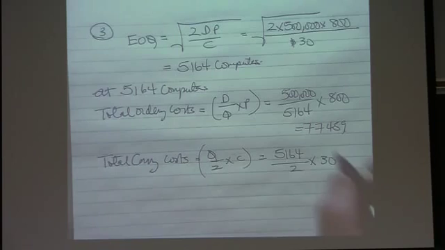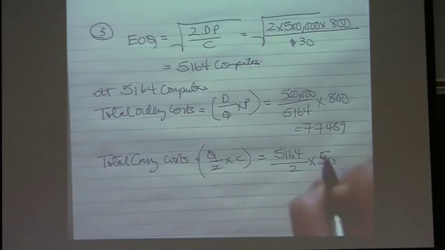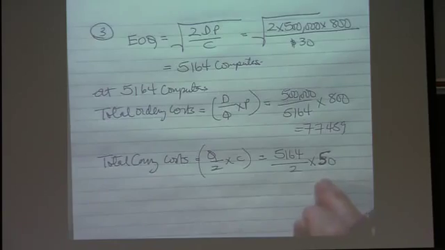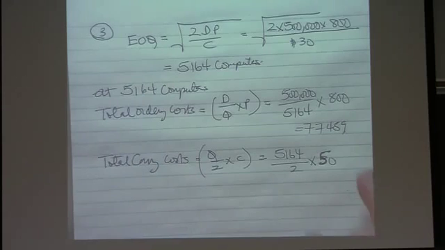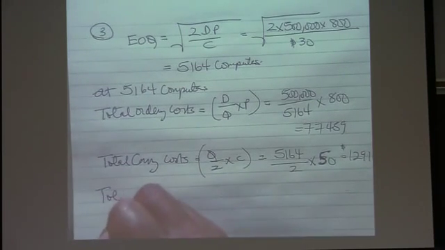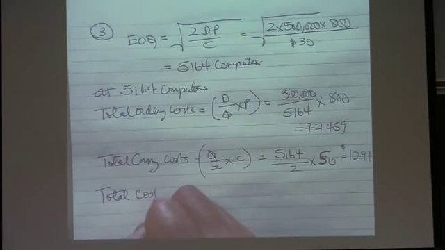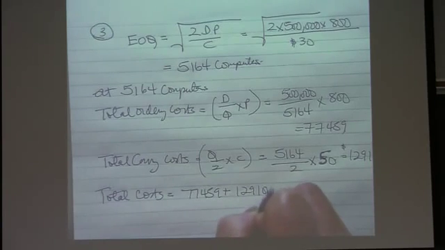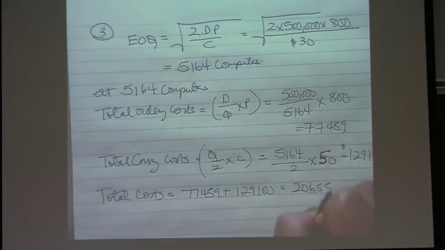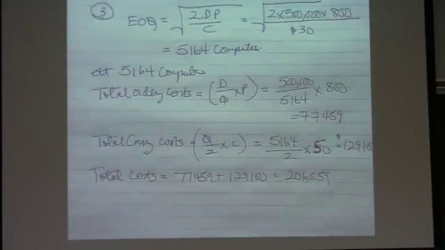Oh, actually, this is not 30, this is actually 50, because the real cost was 50. So they're saying that, listen, we made a mistake in calculating the EOQ. We ended up using 30, not 50. But to calculate the carrying cost, this would have to be 50. And that gives us 129,100. So the total cost is going to be 77,459 plus 129,100, which is 206,559, which is greater than the 200,000.